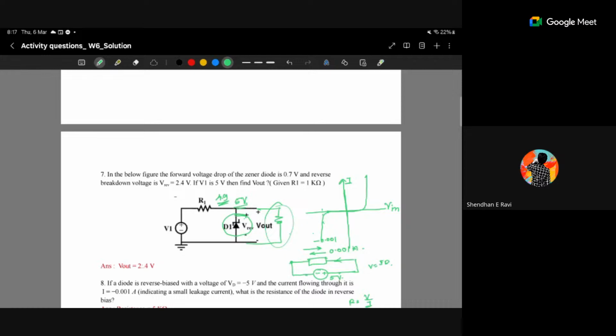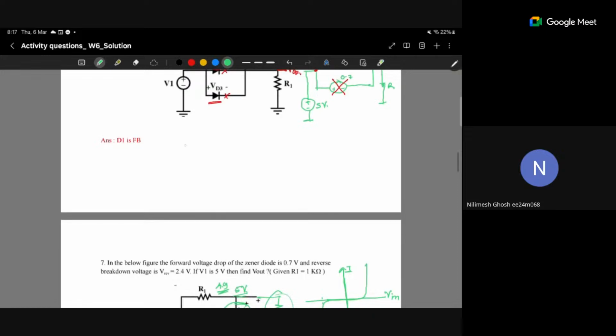What happens? See, now I am using a practical circuit here. Let's say this is a light and this is a fan. It is not connected in series. Practically the fan and light are not connected in series in your home, but for explanation purposes I have taken this.